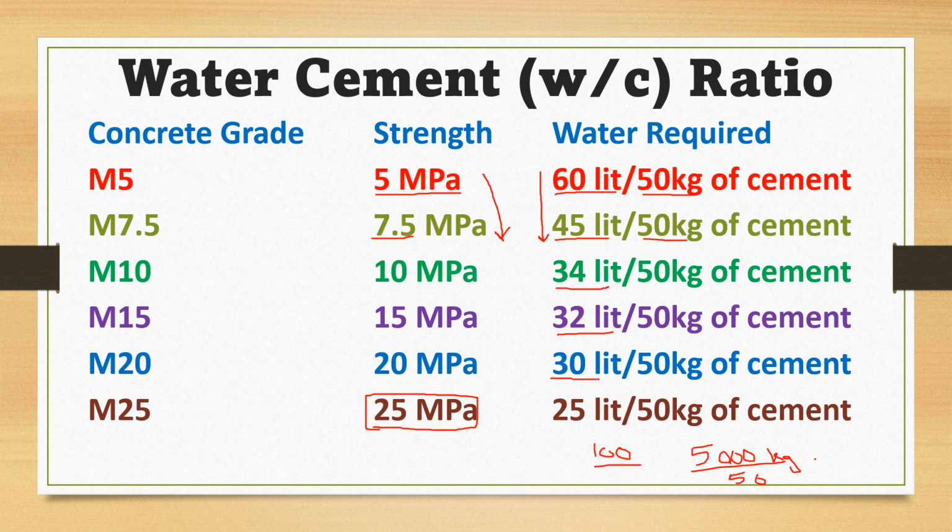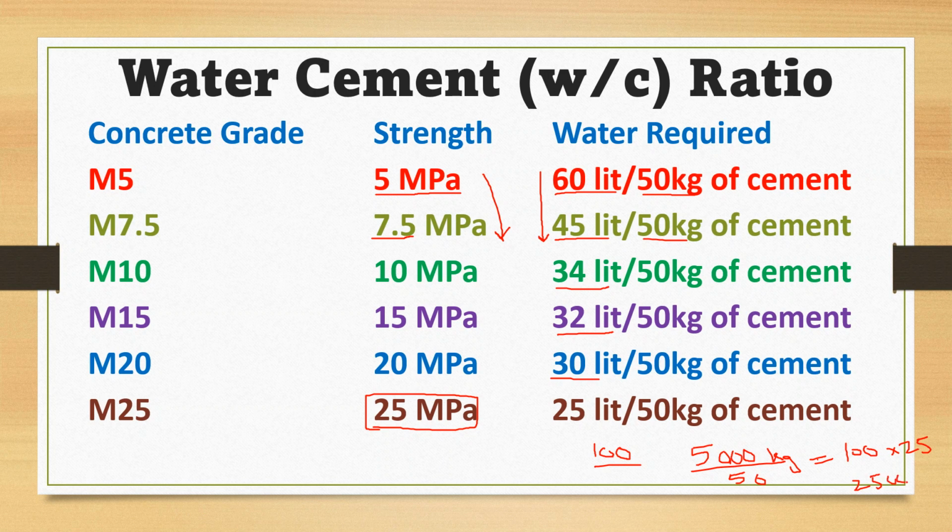How many liters of water will be required? That will be 100 times 25 liters, because for 50 kg you require 25 liters. So we will need 2500 liters of water.